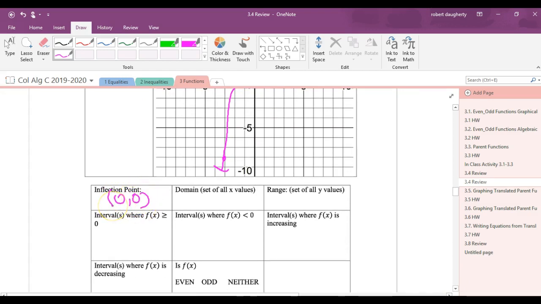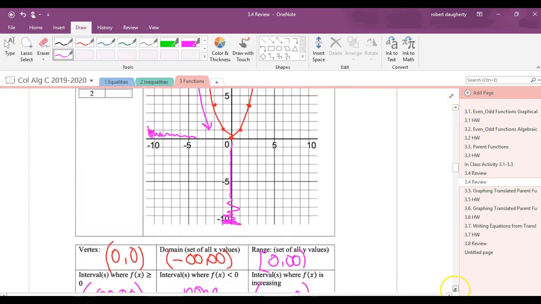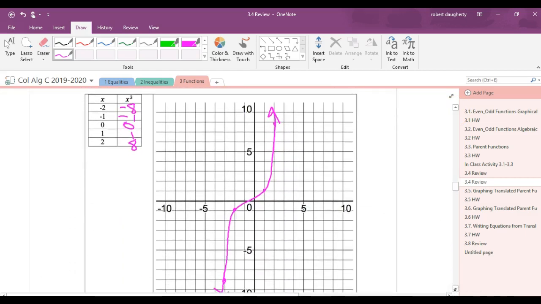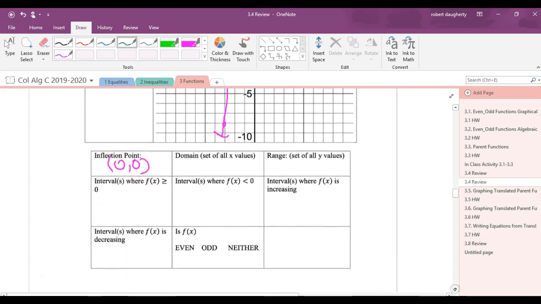We talked about that. That's where it changes from. When we look at the graph of this function, at this point, it's curving downward. It gets to the origin, and then it starts to curve upward. It changes its curvature. That's its inflection point.